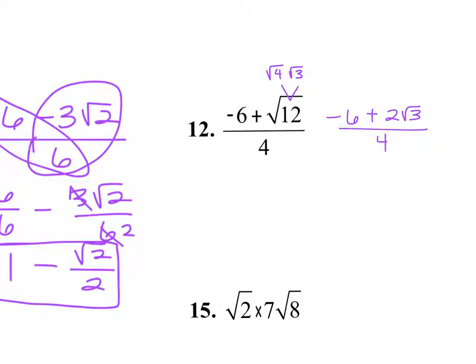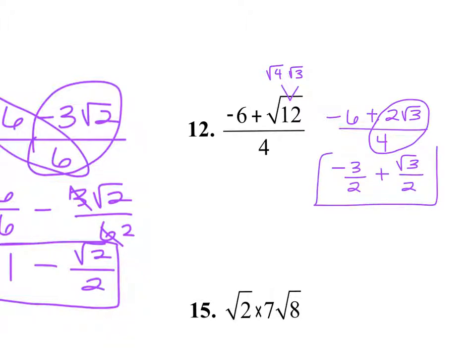So negative 6 over 4, you can call that just negative 3 over 2, because you always want to reduce as much as you can. Plus, now this part of it, what does that become? Rad 3 over 2. So that is your answer.